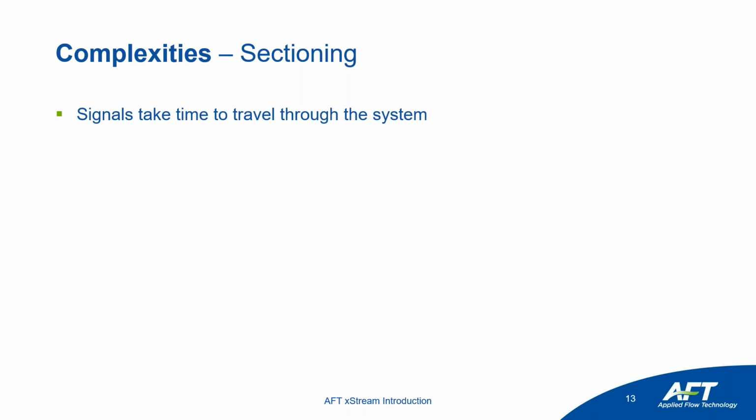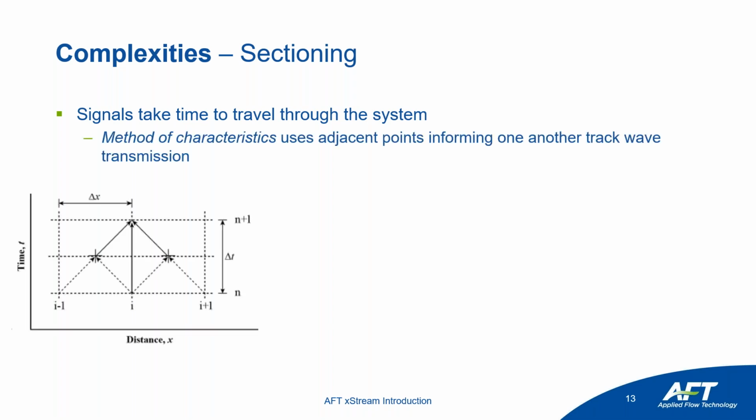And similarly, you're going to see that with pressure waves in both liquid and compressible flow. The way that we can capture how long it takes those things to transmit is using what's called the method of characteristics. The simplest way of explaining it is we divide our pipe into these discrete sections, and we can see how these different sections influence one another as we travel through time along this y-axis.